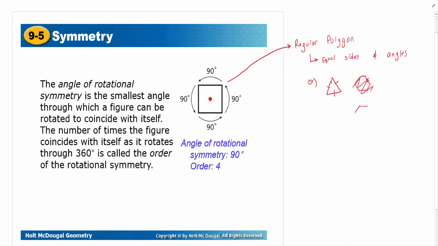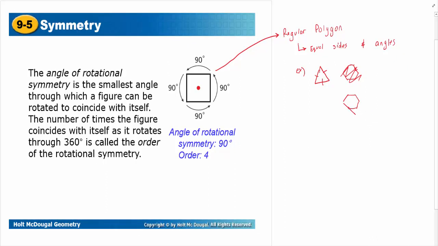Okay, so if we have a regular hexagon, if it's drawn right, you'll get the idea. As long as the sides and angles are all the same, like an equilateral triangle, it's regular. The Pentagon building in Washington is a regular pentagon as well, and a square is a regular polygon.